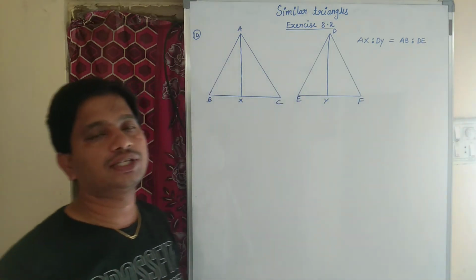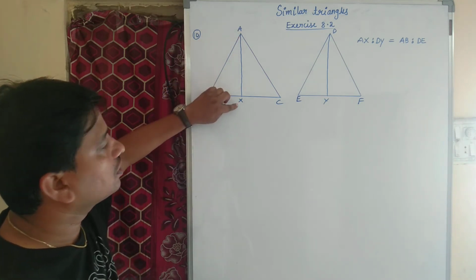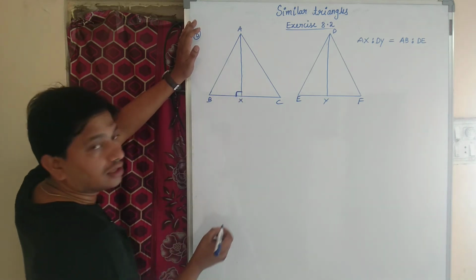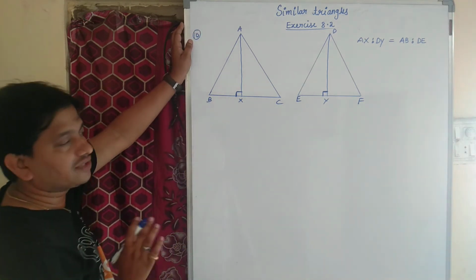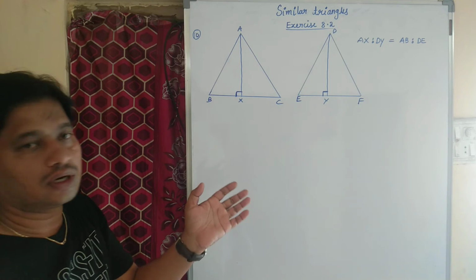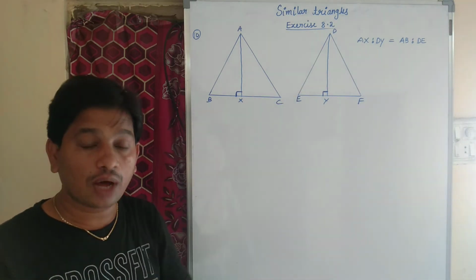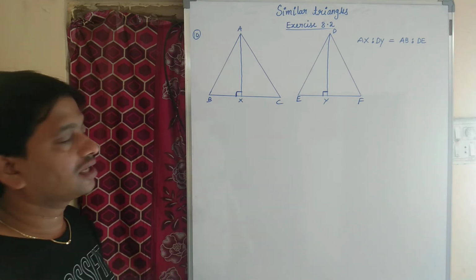What is the meaning of altitude? Altitude is nothing but a line segment joining from a vertex to its opposite side, and it makes an angle of 90 degrees. It is not the midpoint. There is no need of meeting at the midpoint. The line segment joins the vertex to its opposite side only, and it should make an angle of 90 degrees.